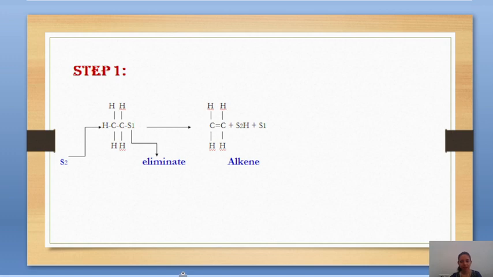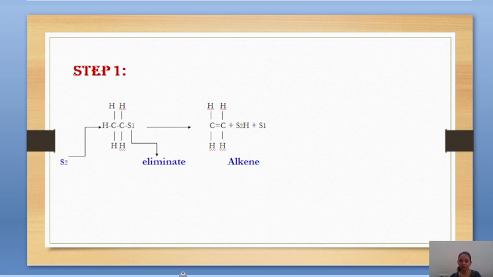At the same time, the S1 substituent will eliminate from this organic compound, and the S2 substituent will take one of its hydrogen atoms, and ultimately it will form an alkene with some byproducts. So from these two mechanisms we can clearly say that the product of the elimination reaction is definitely an alkene.